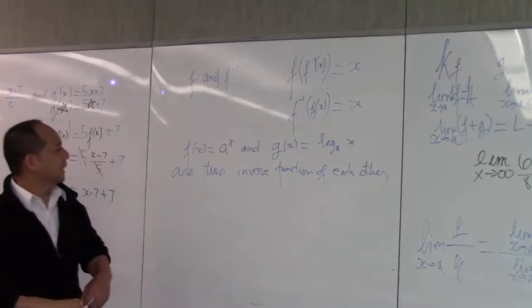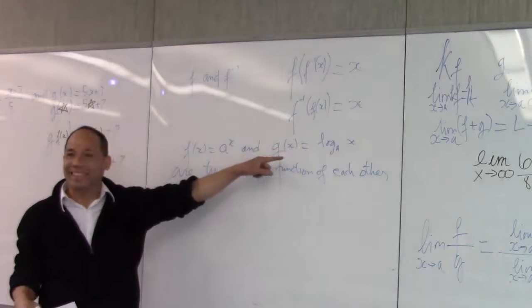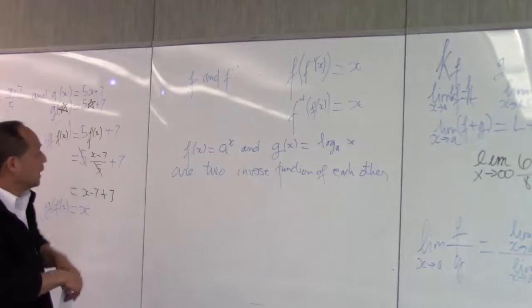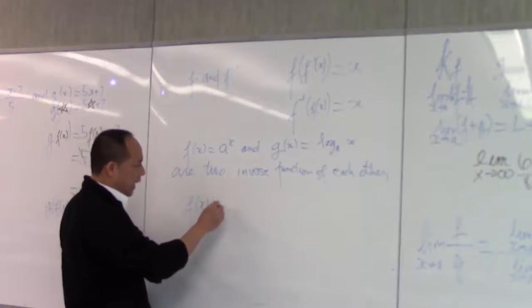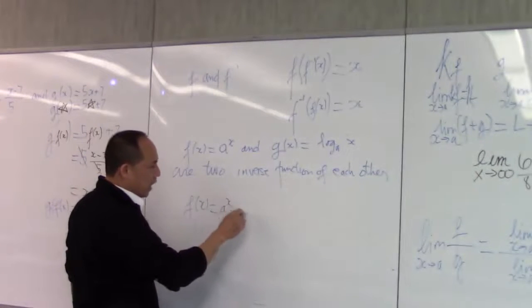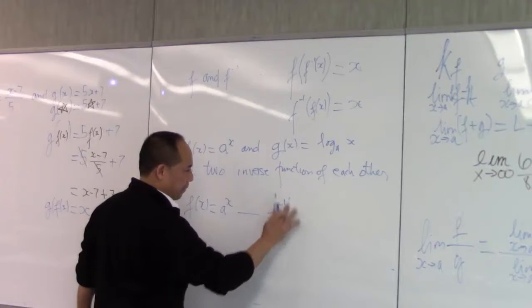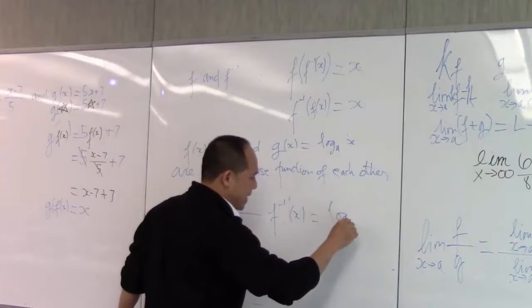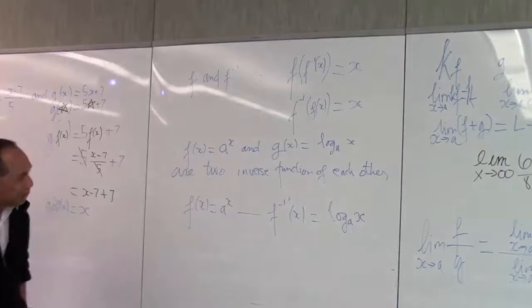Okay, if you call one f(x), the other will be the inverse. If you call this the original, that's the inverse. This means that if you call f(x) equal a to the x, the inverse is log base a of x. What does this mean?